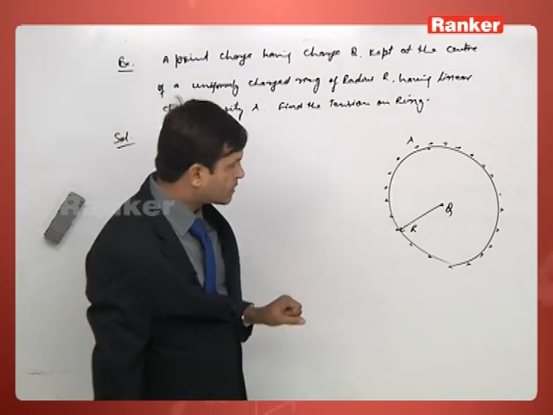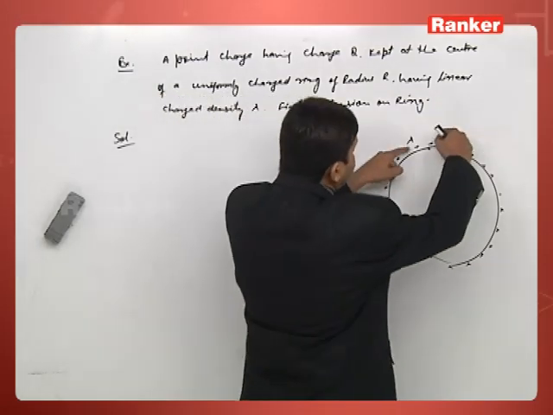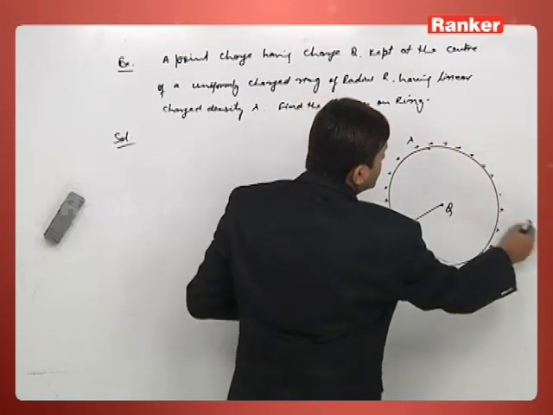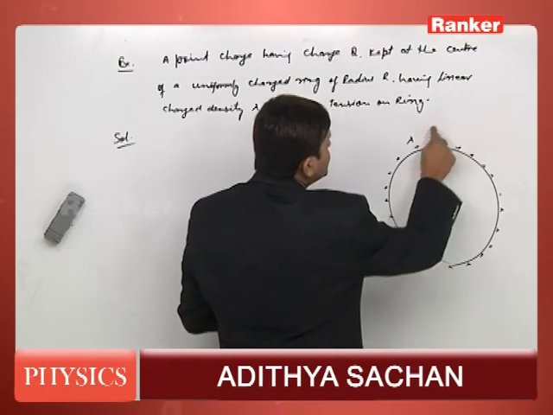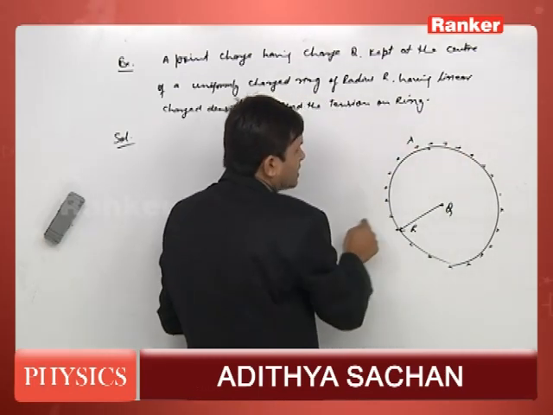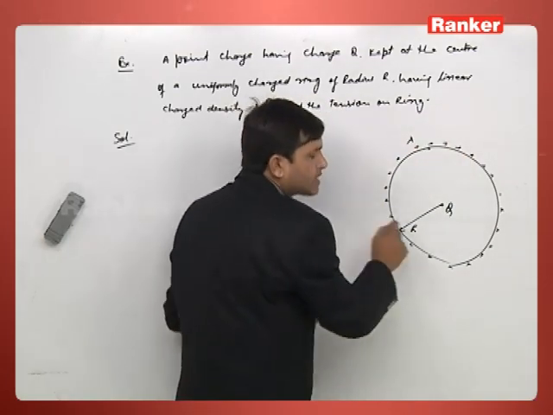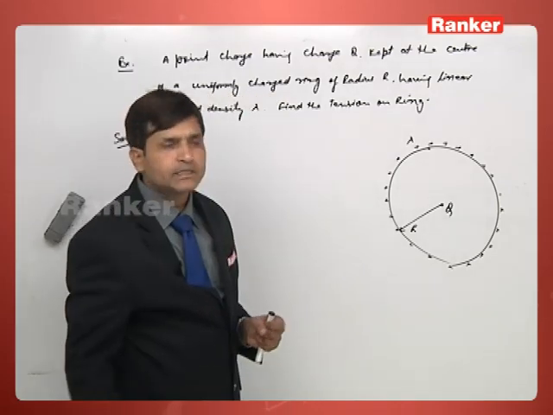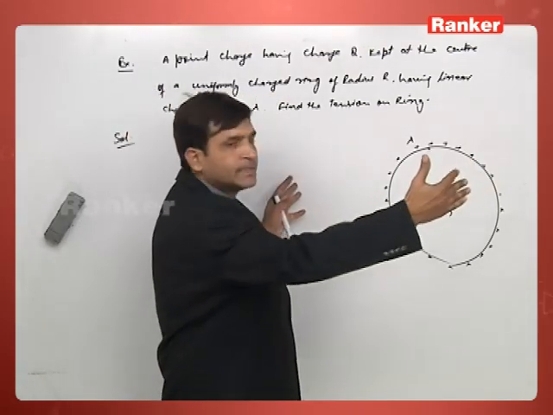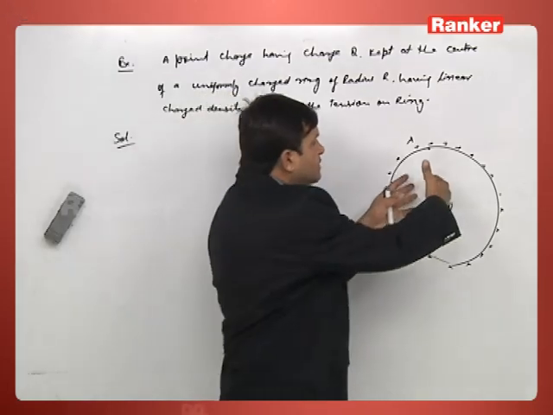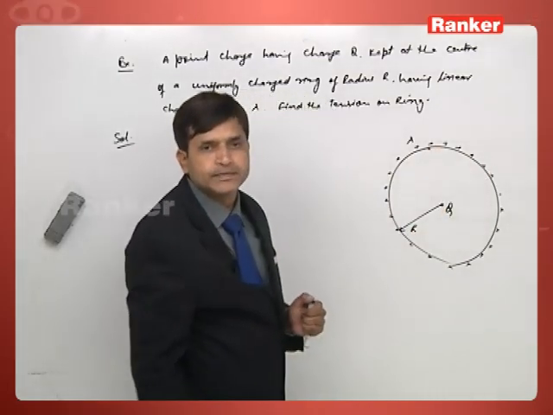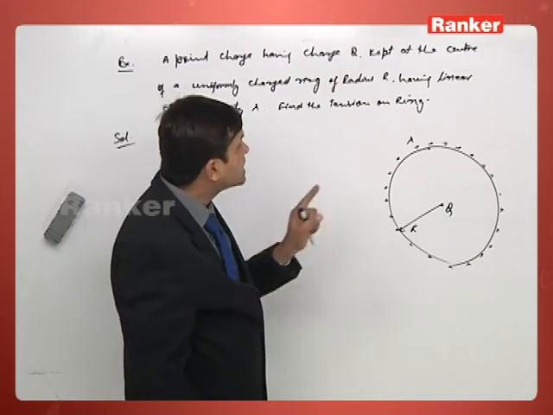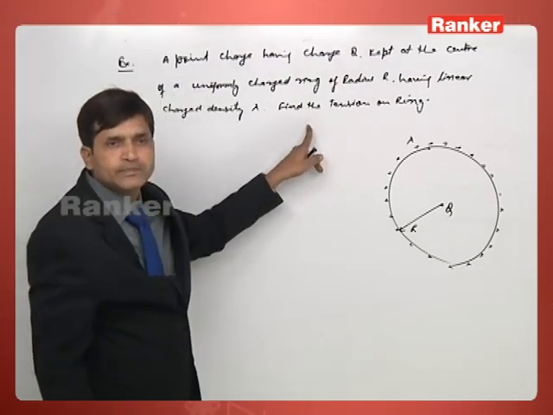Due to the force of repulsion, on every part of the ring, force will act in the radial direction. The ring will try to expand, so a tension develops on the ring. That tension we have to calculate actually.